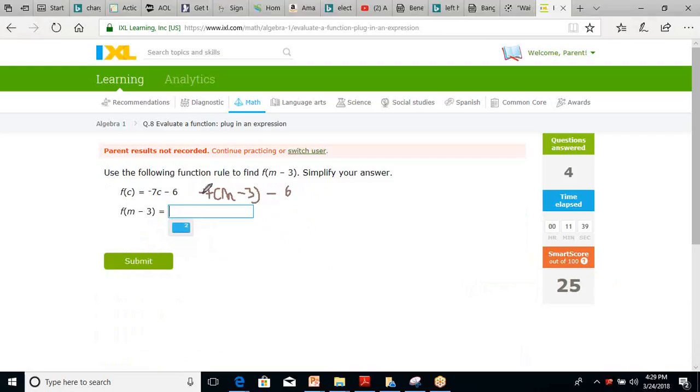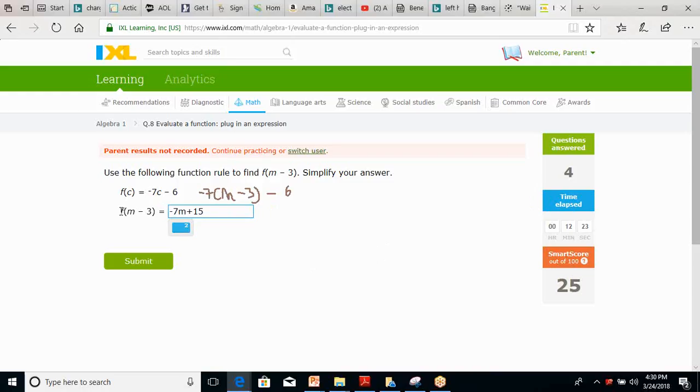So you're going to get minus 7m, and then 3 times 7 is 21, plus 21. So minus 7m plus 21, and then minus 6. Plus 21 minus 6 is plus 15. Okay? So you follow that?